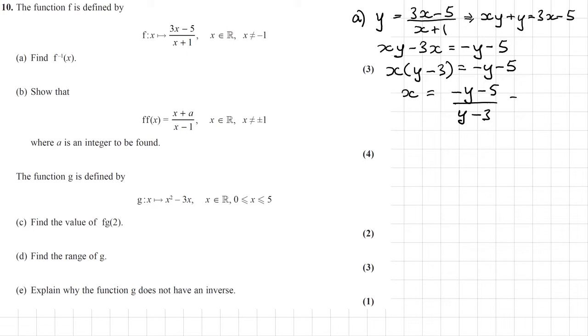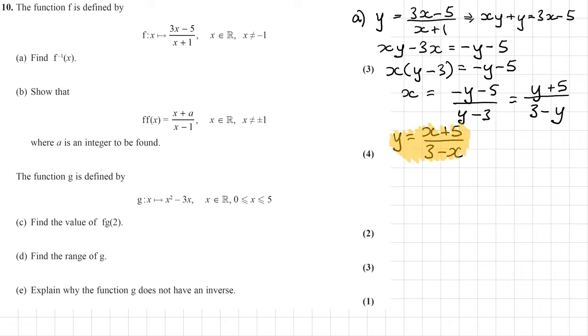And if we do that, we'll get y plus 5 at the top, and we'll get 3 minus y at the bottom. It's all equivalent. It just gets rid of a lot of the minuses if you just times the top and the bottom by minus 1. And the last step is just to swap the x's and y's around. So we'll have that y is equal to (x plus 5) over (3 minus x). So there's our inverse function.